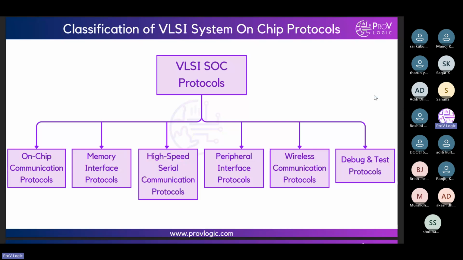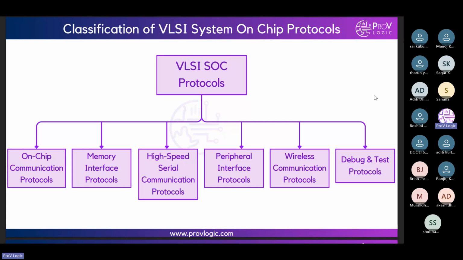Commonly we have heard about very few protocols like UART, I2C, APB, AHB, AXI. Going beyond that, USB, PCIe, Ethernet, SATA, CAN, or JTAG. These are the common protocols. But if we go beyond, across overall VLSI, in terms of wireless, debugging, memory, on-chip or peripheral, whatever.